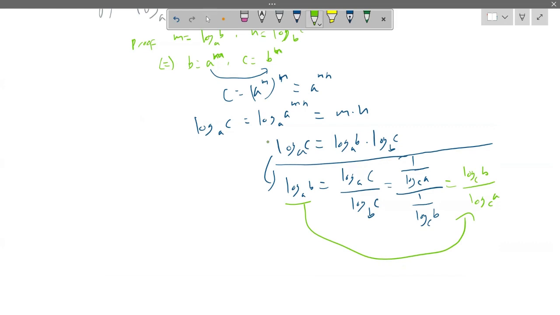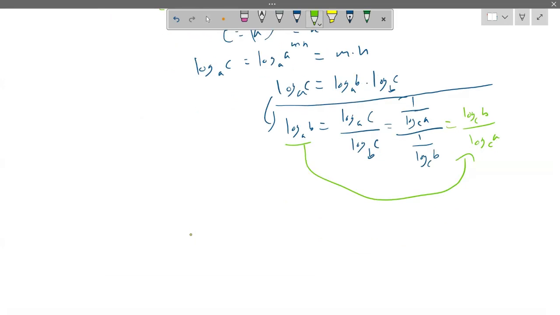meaning that if you have logarithms of two numbers here, like a and b, where one is the argument and the other one is a base, you can turn this into a quotient of two logarithms of any base you want.